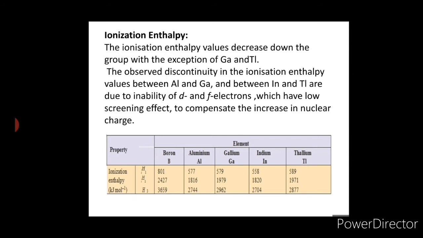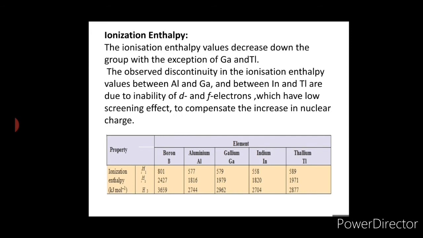In gallium, due to the poor screening effect shown by the d electrons, and in thallium, due to the poor screening effect shown by the f electrons, the outermost electrons are attracted more strongly towards the nucleus. That is why in these two cases, their ionization enthalpy is slightly more than their previous element.